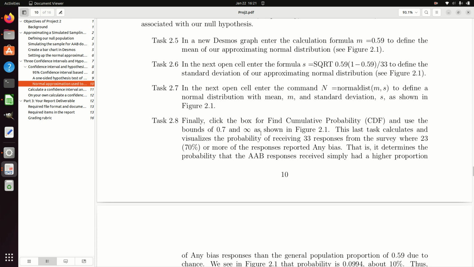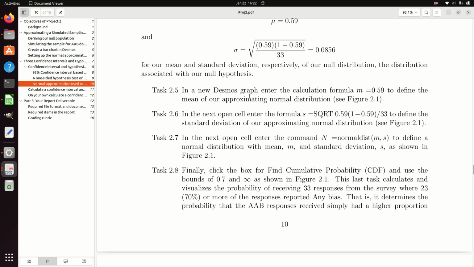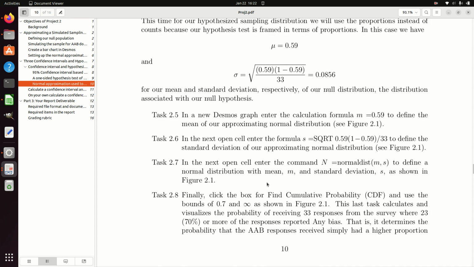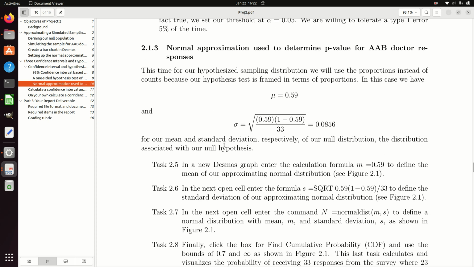Okie dokie. Well, so if we look here at task 2.5, we want to use a normal distribution to do our hypothesis test, or really to compute our p-value, the probability of being at least as extreme as our data.